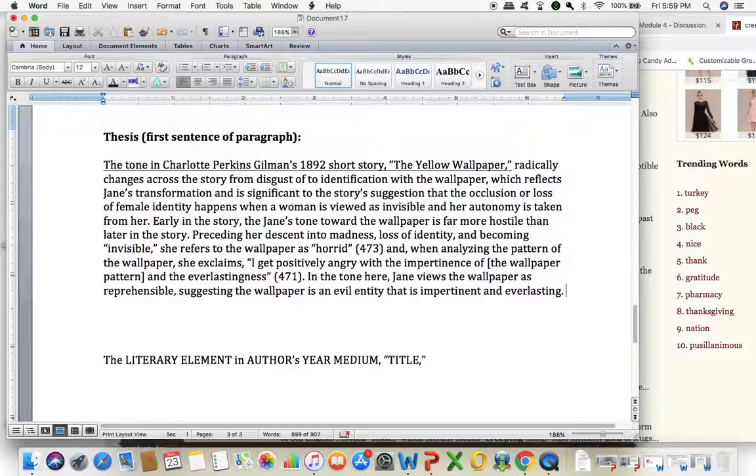Okay, so in this sentence, I'm working to do the job of analysis. So in the tone here, Jane views the wallpaper as reprehensible, suggesting the wallpaper is an evil entity that is impertinent and everlasting. I'm referring back to something impertinent and everlasting, right?